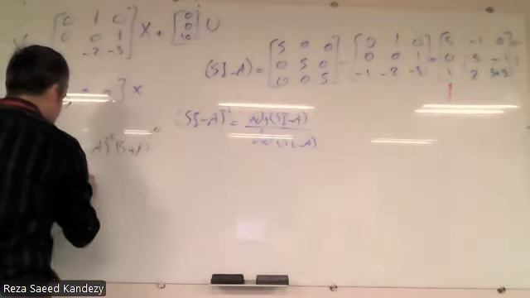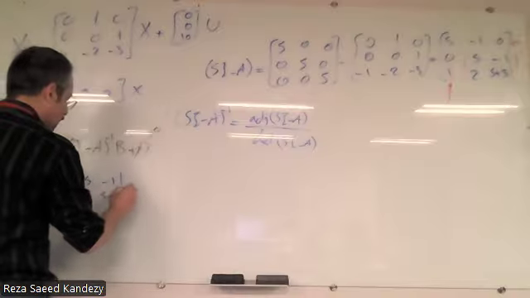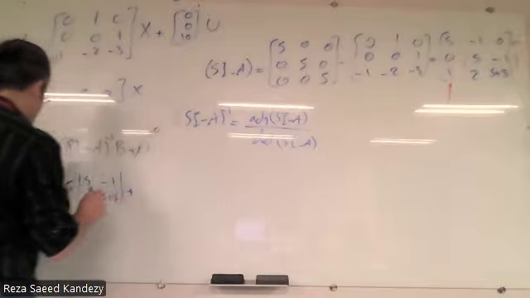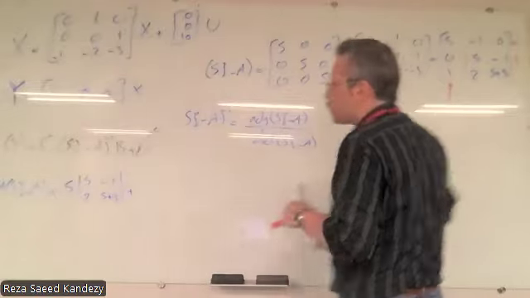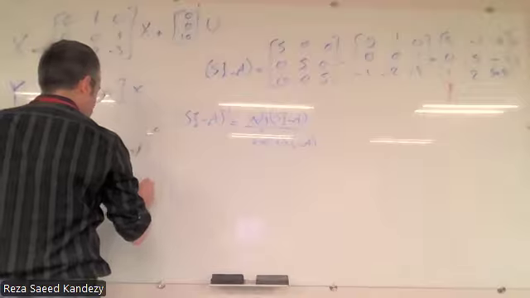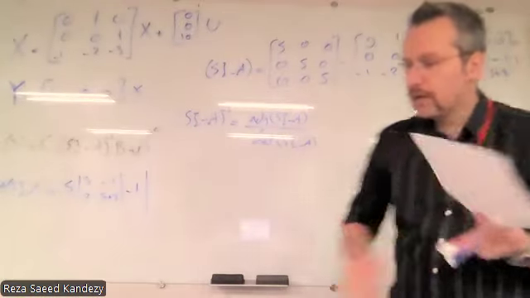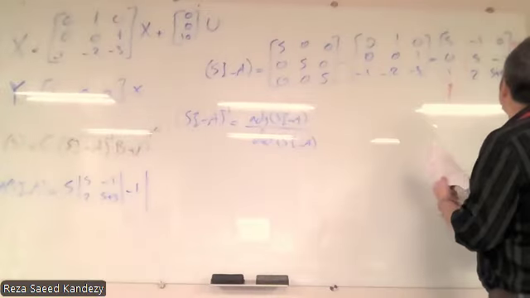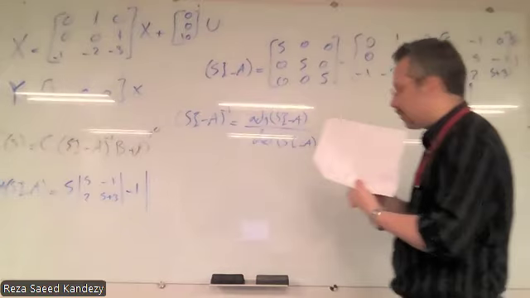2 by 2, S minus 1, 2, S plus 3. And for the next one, we are going to have the same. This is minus 1. So minus 1 times, now we are going to eliminate this row and the second column.